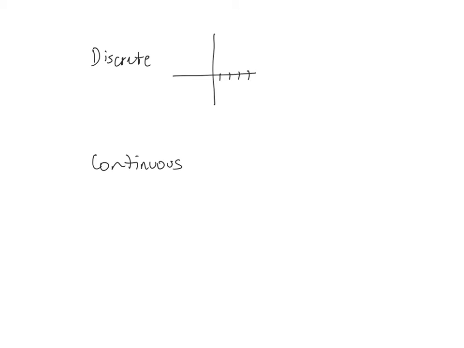If you're looking at a graph and you just have points, that's discrete. If you have a line that's connected, then that would be continuous. Okay.